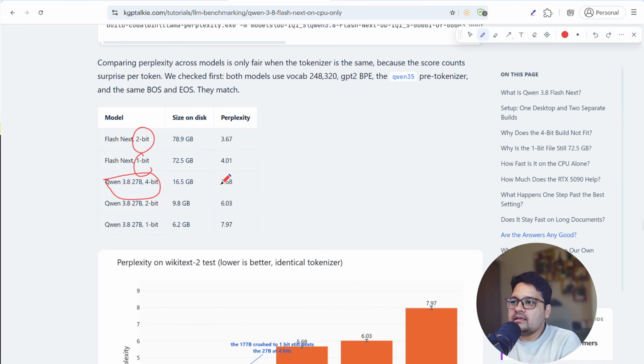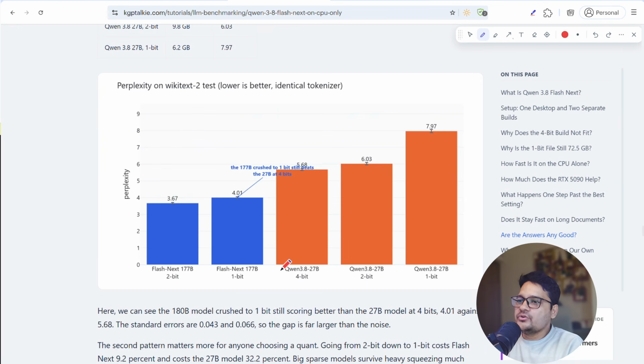Okay, you can see here. In Perplexity, lower perplexity means a better model. So you see here this particular model, the Flash Next 180B model, with just 2 bit and 1 bit, its perplexity is like 4 or even less than that. But you will notice the Qwen 3.8 27B model with 4 bit, which is the standard model we use every day nowadays, its perplexity is 5.68, and this is literally high.